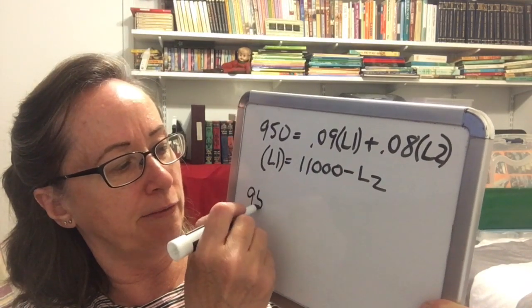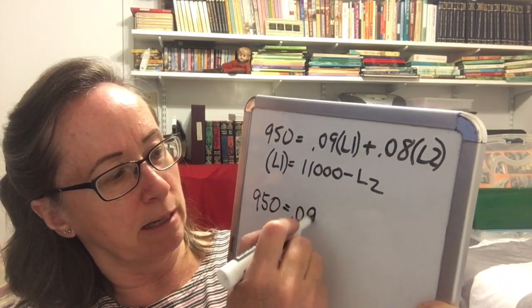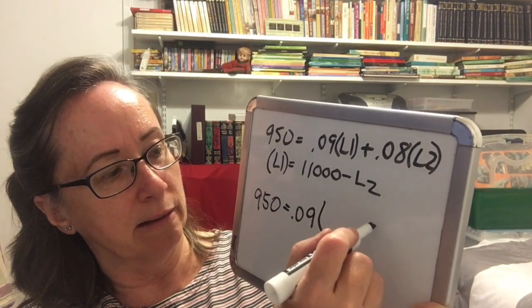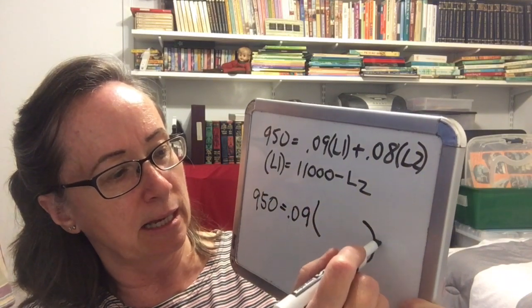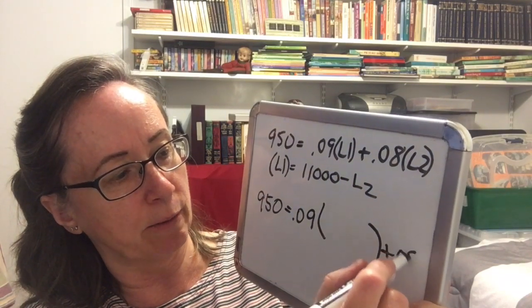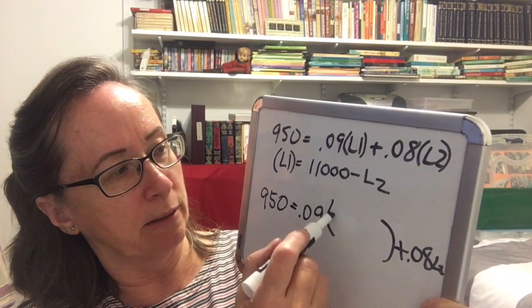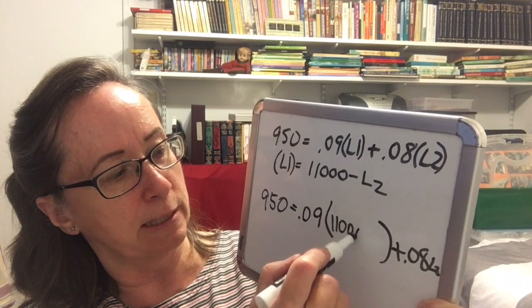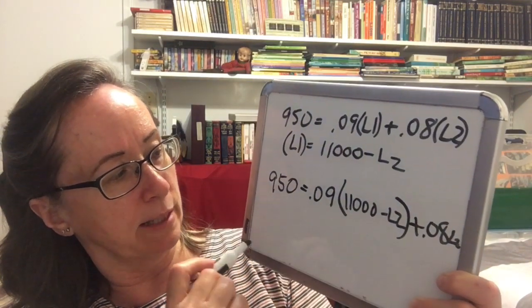So I got 950 equals 0.09 L1. Okay, so here's my L1, and I'm going to substitute all of this plus 0.08 L2. So right here I'm going to put 11000 minus L2. So now let's distribute this through.